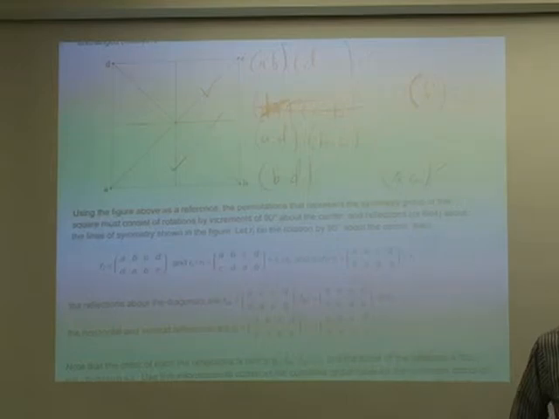Order of my flips is 2, and the order of my rotations is 4, right? Because they represent 90-degree rotations. If I rotate 4 times, I get 360 and I'm back where I started.